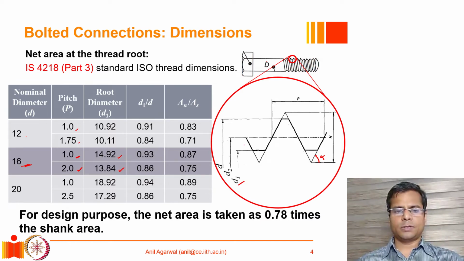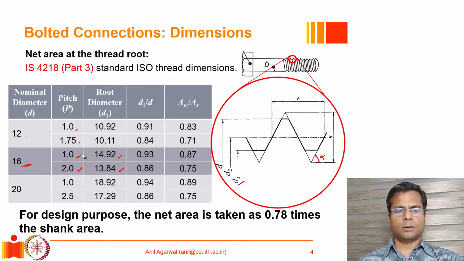Now, if the root diameter is changed, we can calculate the ratio of the root diameter D1 divided by D, and also the net section that is available. What is the net section? The net section is the cross section available from root to root on the other side. That net cross section of the bolt, which is the reduced cross section, is a smaller part of the total cross section.